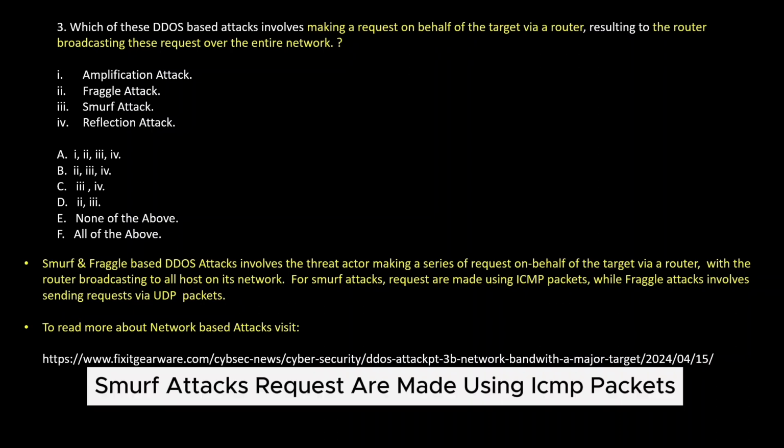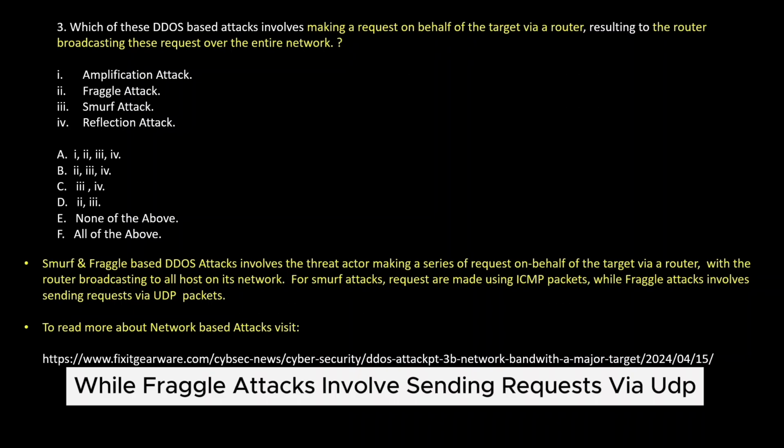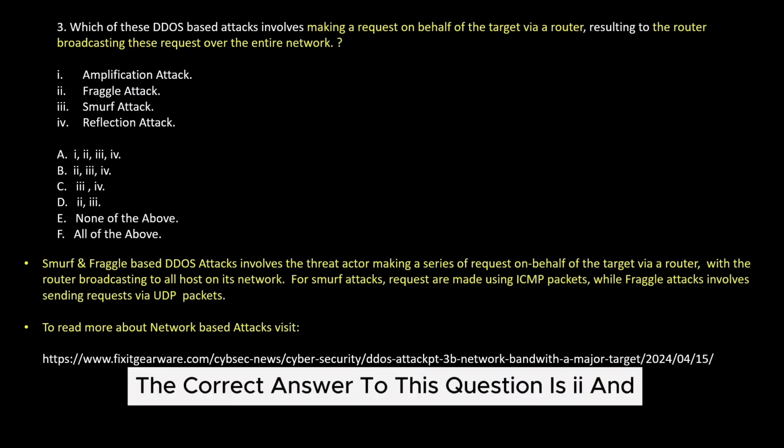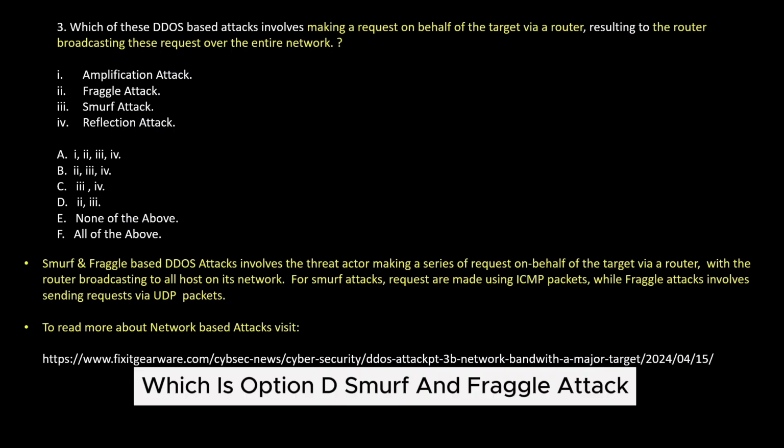For smurf attacks, requests are made using ICMP packets, while fraggle attacks involve sending requests via UDP packets. So having defined this, the correct answer to this question is II and III, which is option D, smurf and fraggle attack.